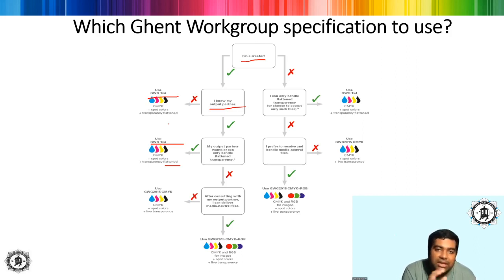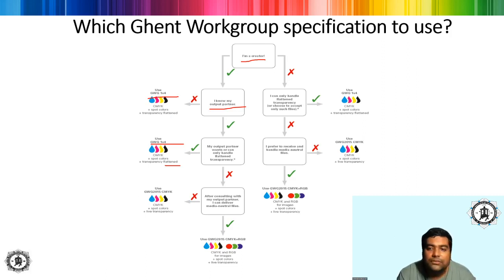PDF/X-1a is limited in that sense. It does not allow any n-separations, it does not allow live transparencies, and a lot of other such limitations are there. So if you don't know, it is better to use a specification where you will be sure that this is the minimum that your printer can deliver. This is something which your printer must deliver. That is why it is written as 1v4, right?